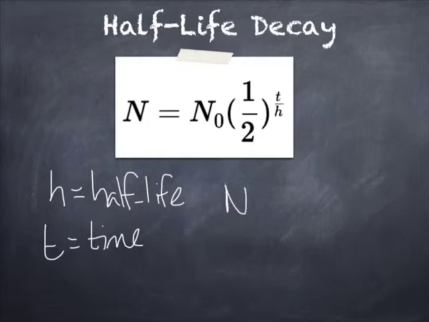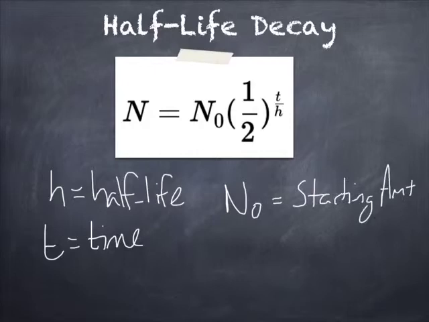N sub 0 is your starting amount. And N is the amount you have after half-life takes its effect.